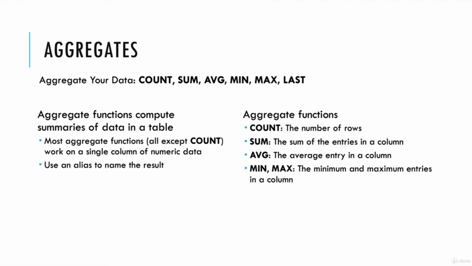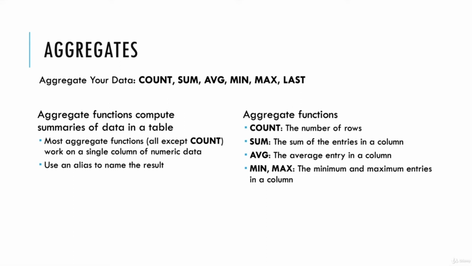About aggregates, there's a bunch of things you can do to your data to reduce them down based on the aggregate functions that you choose. So some of the most common ones are what we'll talk about today. There are more, but let's just cover the core concepts so that you can get started and start using them in your everyday work. So really the core aggregates to know are count, sum, average, min, max, and last.